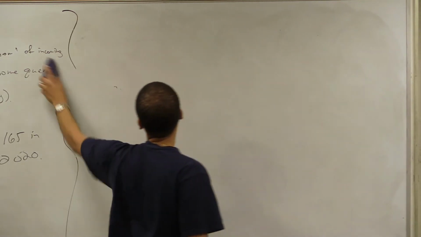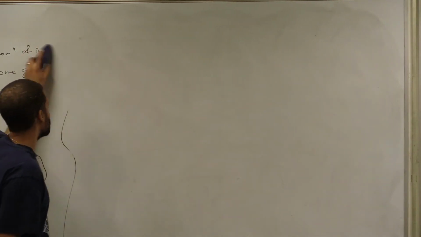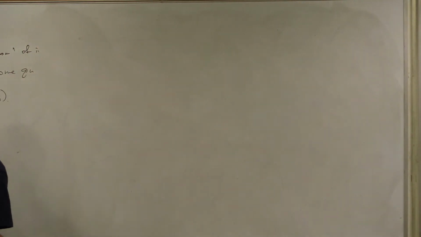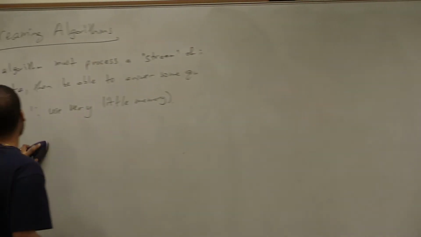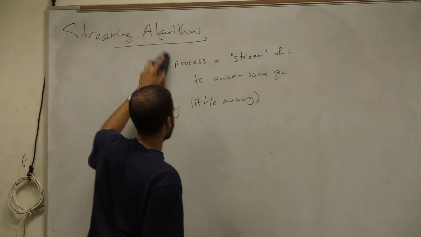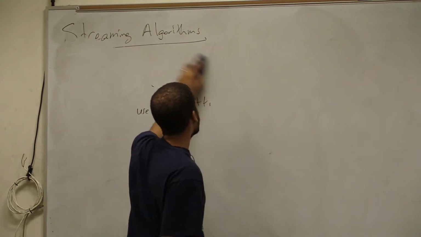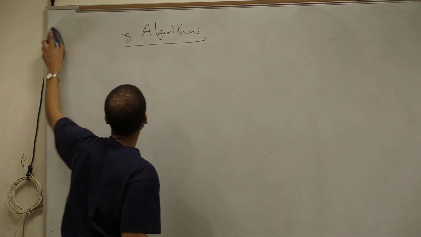However, we're going to settle for approximation, where we don't necessarily care that we know n exactly. We just want to know n up to, say, 1% error.